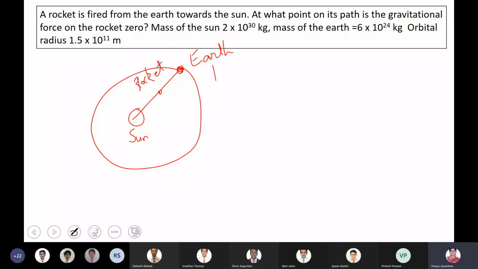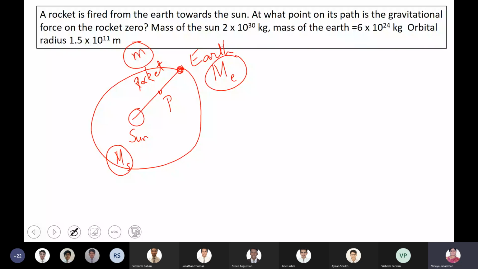So let the mass of the earth be me, mass of the sun is ms, mass of the rocket is m. Now the rocket will experience a force due to the sun as well as the force due to the earth, using Newton's universal law of gravitation, because there will be a force between m and me, and a force between m and ms. Now the question is, at what point, say at point P, the gravitational force experienced by the rocket due to earth and the sun should be equal to 0.